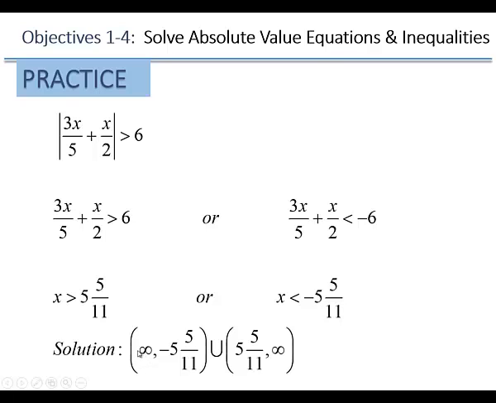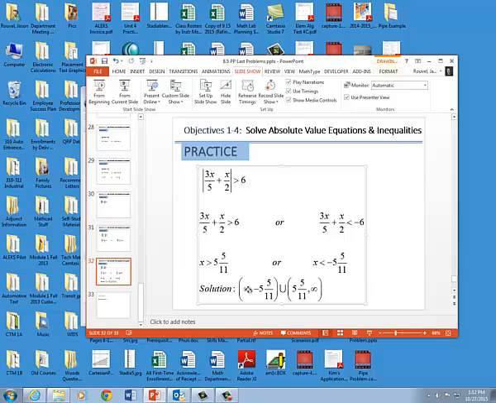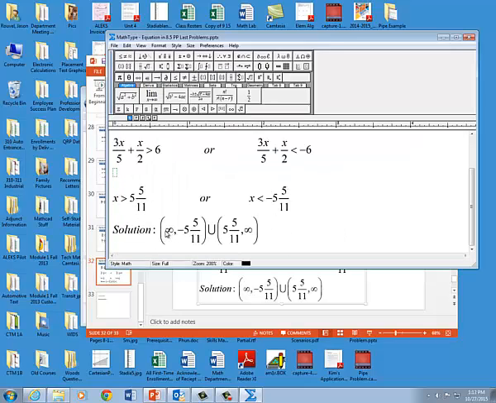Oops, I see I made a mistake there. That should be a negative sign in front of that infinity. I missed that, but a negative sign out in front of that infinity. You got that right. Negative infinity up to negative 5 5/11ths, joined with 5 5/11ths up to infinity. I just got to fix that. There.